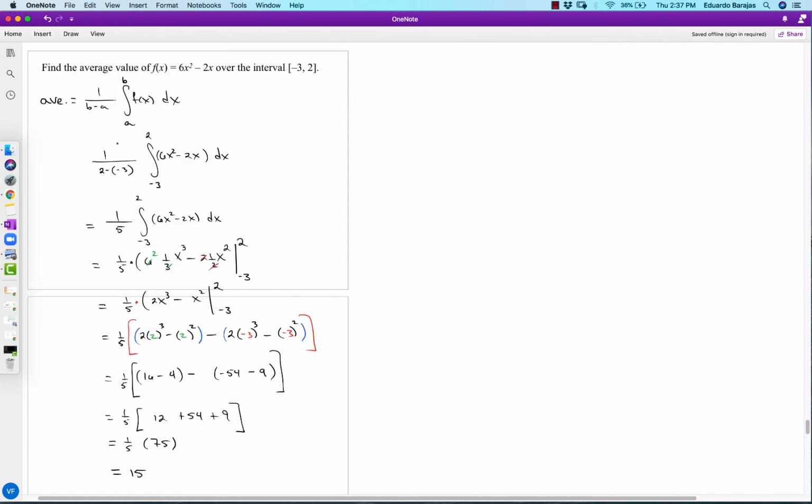Okay, so bringing it all together, I'd say that the average value was equal to this one integral, which is equal to 1 over 2 minus -3, integral from -3 to 2 of 6x squared minus 2x dx.